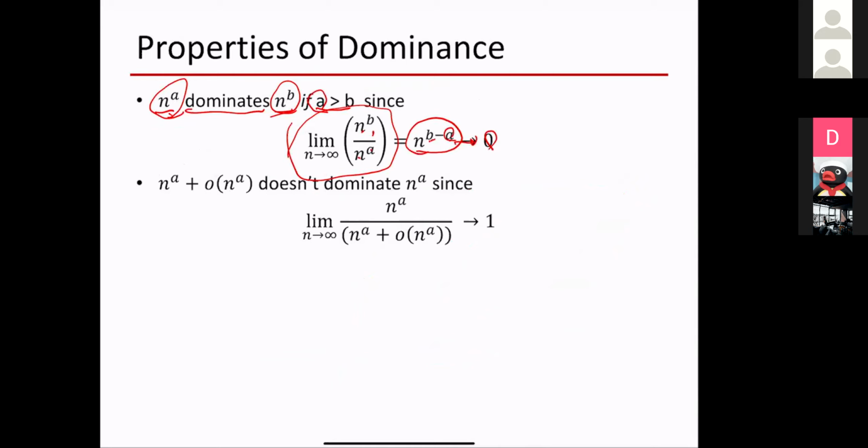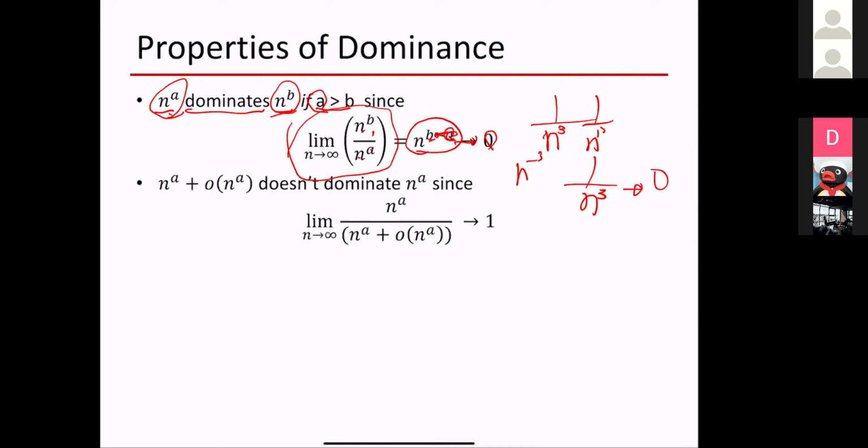So if a is positive, a is bigger and b is smaller, for example n to the 10 over n to the 3, the exponent becomes negative, and then in the end it will go to 0.